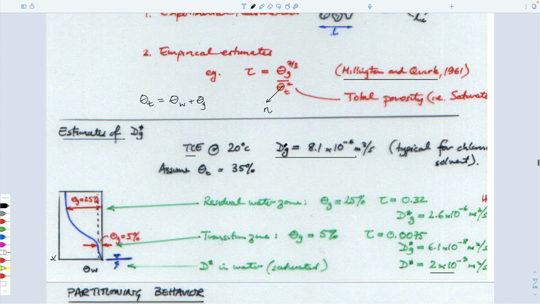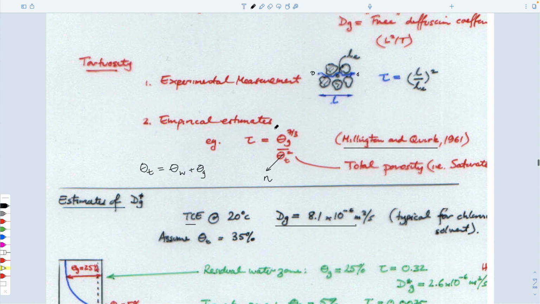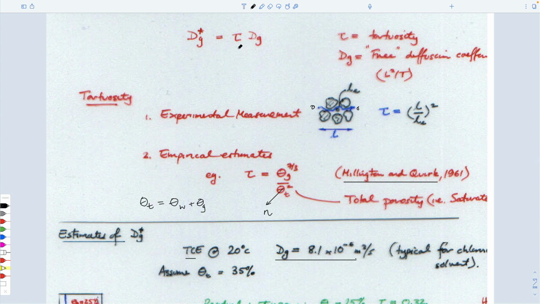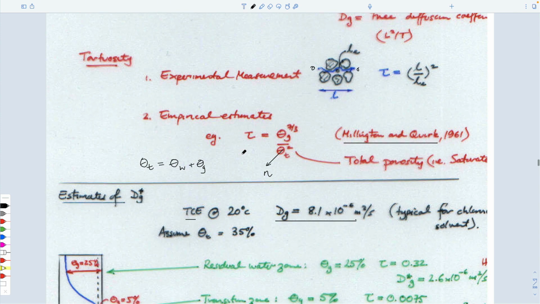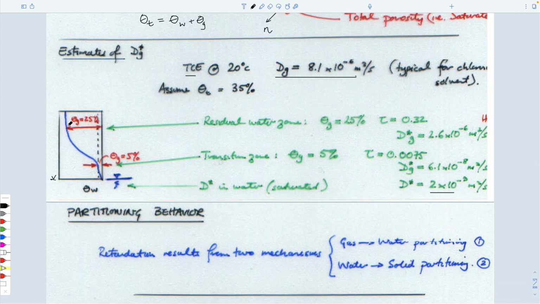If you apply this relationship to calculate the diffusion coefficient by multiplying through by the tortuosity, if you know what the gas content is in the upper portion, say a gas content of 25%, and if the total is 35%, that means the moisture content is equal to 10%.